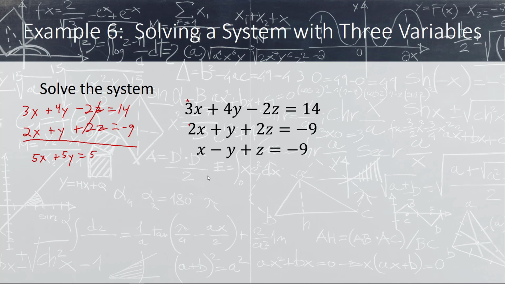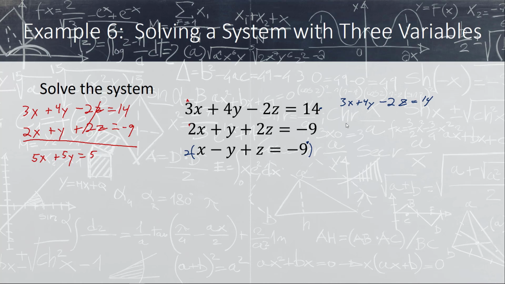Okay, next I'm going to combine these 2 equations. I'm going to do that by multiplying this equation by 2. If I do, I will once again have 3x plus 4y minus 2z is equal to 14.